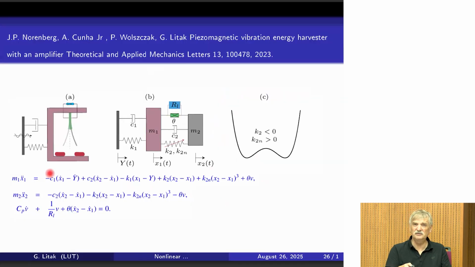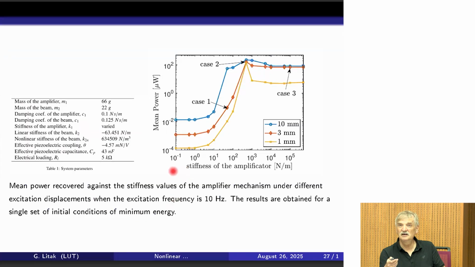It is interesting that there are two possibilities. For example, if there is a very stiff amplificator, so this is actually rigid, it is like the previous system by Inman and Ertug. And the other limit is that this is very flexible. And we studied the original system with respect to the stiffness of this amplificator. So you see that this is the small stiffness and this is the large stiffness.